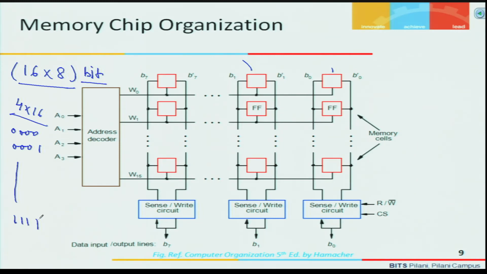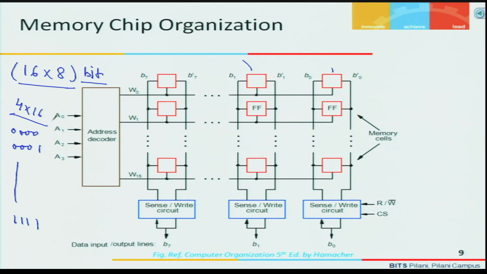So, total 16 combinations are there. The decoder is a device which gives me the different combinations of the input bits. In this case 4 bits are sufficient, because I want to identify 16 unique locations. That is why a 4 cross 16 decoder is required.